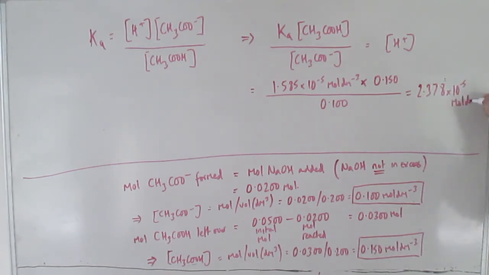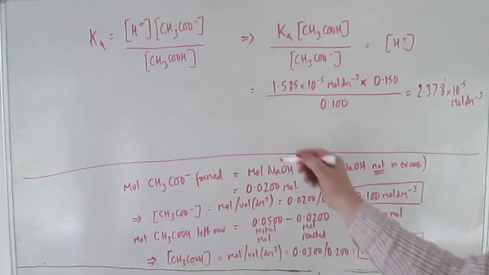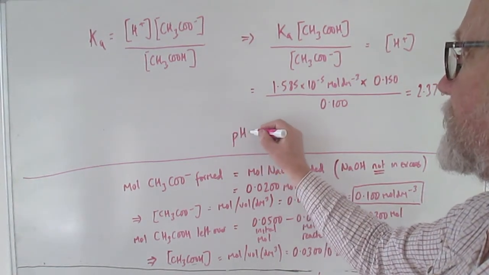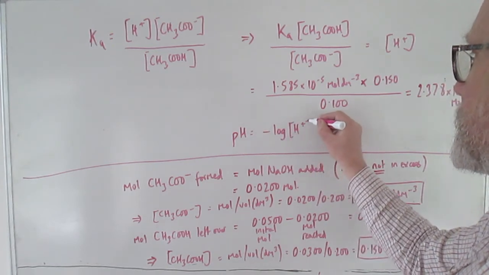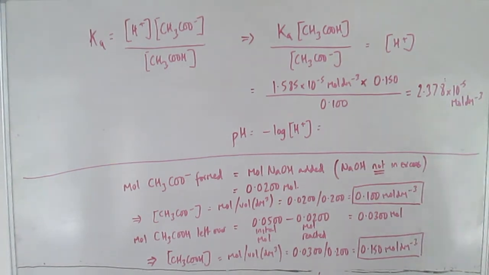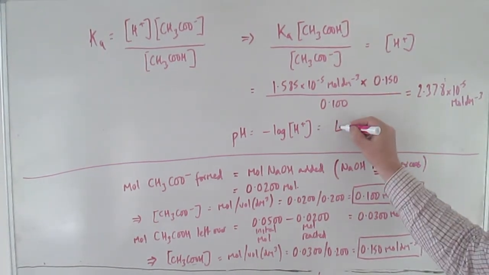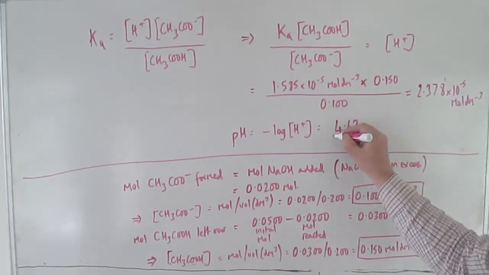That's the concentration of H+. And so we can finally get the pH, which is minus log of the H+ concentration, and minus log of that number gives you 4.62.